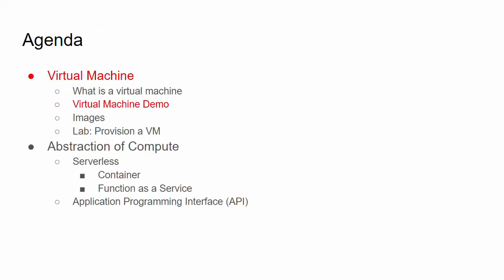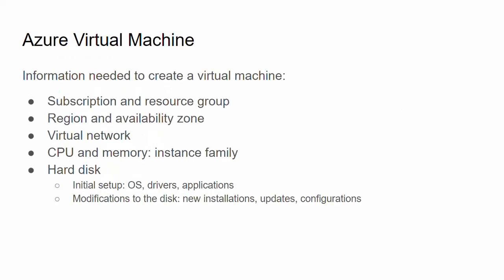So we will go into a quick demo, but before that, there is some information we want to talk about. Some of these we mentioned before, some we didn't. The first one we didn't mention before is subscription and resource group. These are management units inside Azure. Subscription, as you can see from the name, is somewhat related to billing and cost. Resource group is the grouping of different resources. We will discuss this in further detail in one of the future sessions.